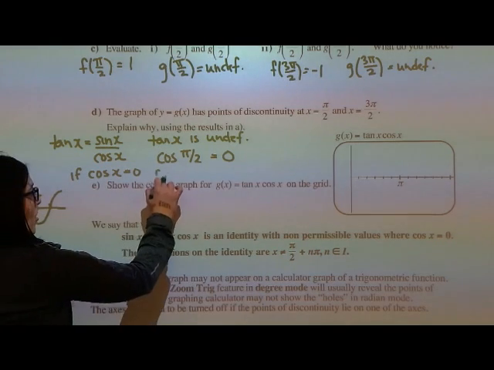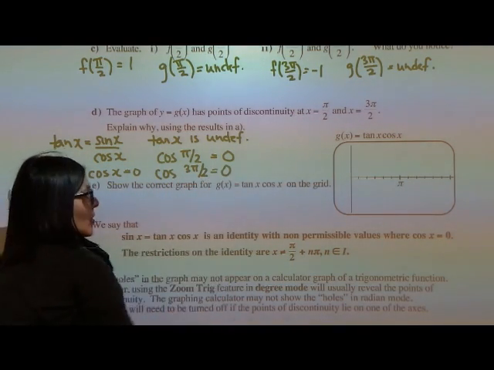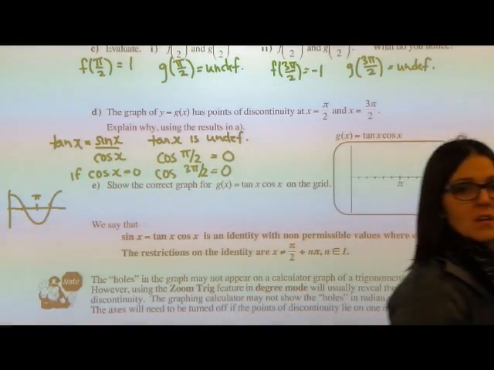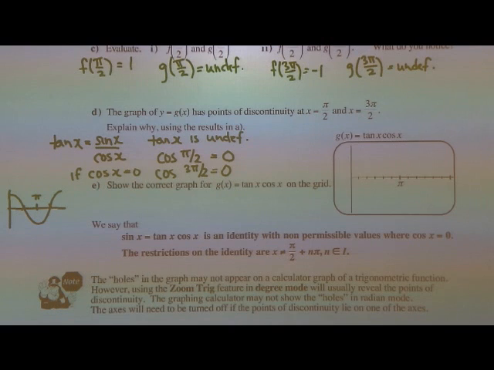So the same thing, cos 3 pi over 2 also equals 0. So I have these points of discontinuity because at pi over 2 and 3 pi over 2, cos is equal to 0, and when I put that in for tan, I get this undefined value.